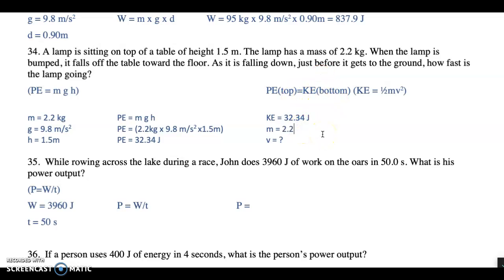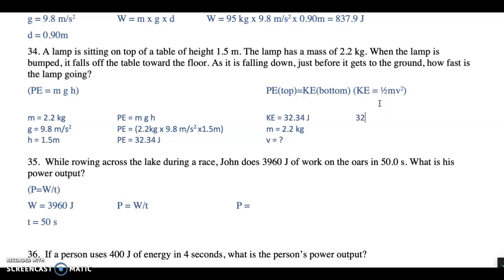Its mass is still 2.2 kilograms. So then my velocity is what I'm solving for here. Okay, so now I just have to plug things in the way that I normally would. KE is equal to 1/2 mv squared. So I'm just going to mirror this here.